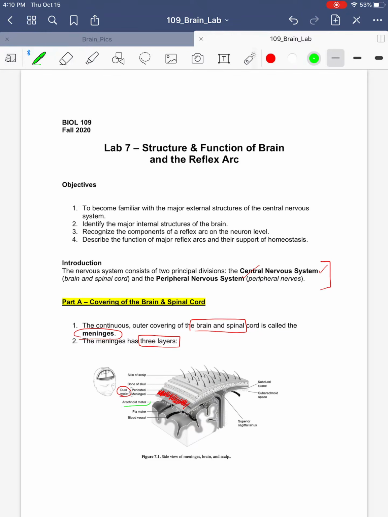Then we have the arachnoid space or arachnoid mater. It gets its name because it has these little protein filaments that kind of look like a spider web, hence arachnoid. And what's cool about this is that in the arachnoid, that's where the blood vessels come through.